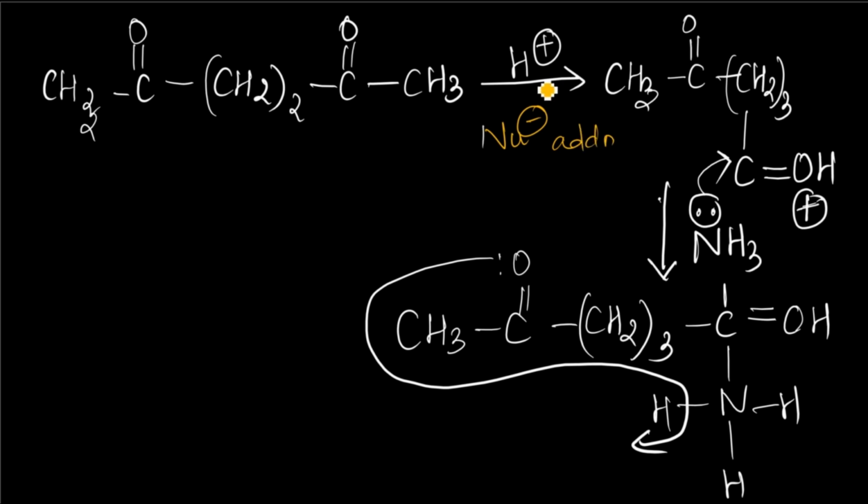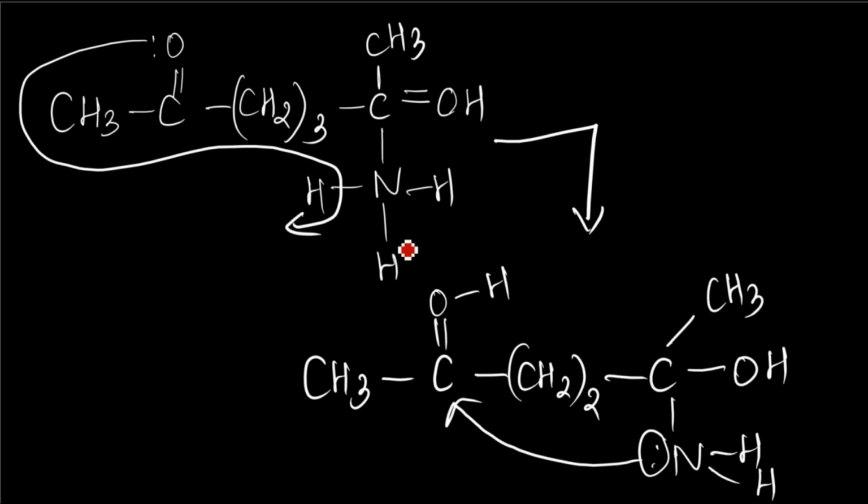Let's see. First, H plus will come and attack. So that OH has been formed, and the lone pair of nitrogen will attack the carbon formed over here, right? Then the oxygen lone pair will take up the hydrogen to make it more stabilized. As a next step, the ring formation will happen.